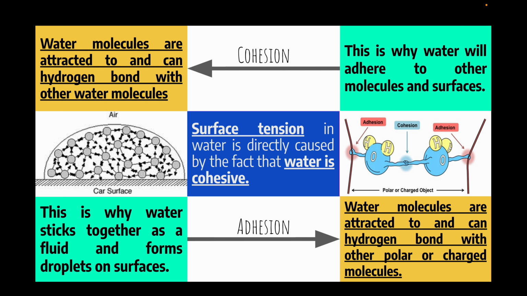All right, before we get into that, let's talk about surface tension in detail. Cohesion of water molecules at the surface of a body of water is what surface tension is. So again, remember that surface tension is directly caused by cohesion, which is water molecules hydrogen bonding with other water molecules, okay?